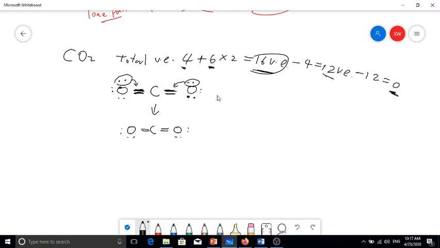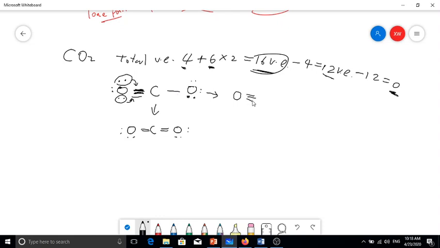Okay, so one more issue we have to think about here. Let me just give you a quick example first, okay? For instance, this structure can also be manipulated in a way where we don't really form a double bond on both sides, okay? What if we move another lone pair into here to form a triple bond on one side?